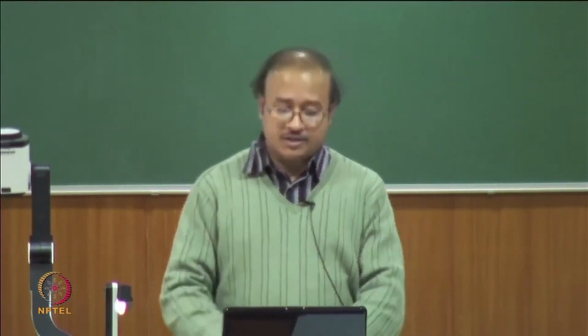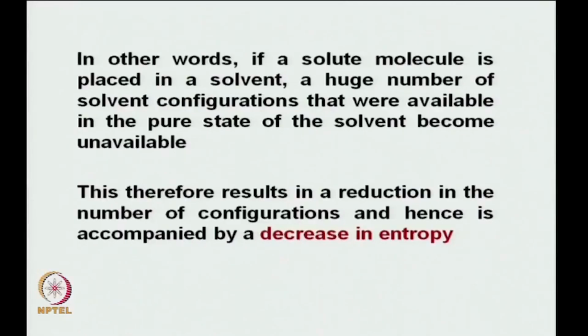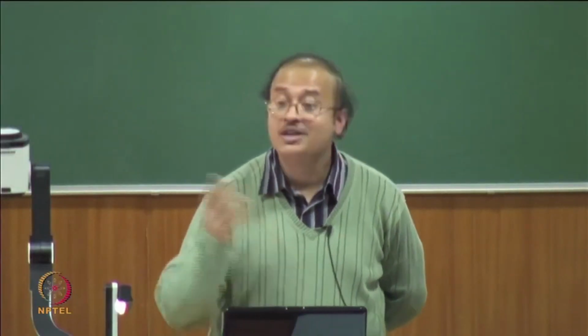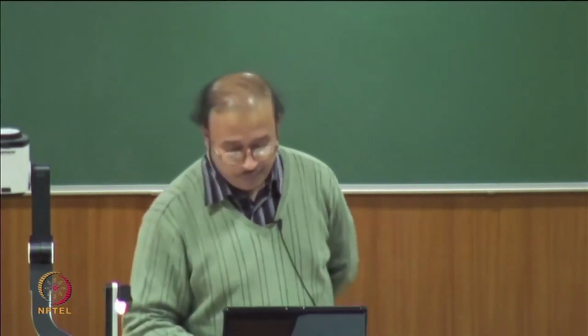So this therefore results in a reduction in the number of configurations, and hence is accompanied by decrease in entropy. So now you can imagine that this hydrophobic effect, what we know by name, might essentially be an entropic effect rather than your EA, rather than your van der Waals interactions.